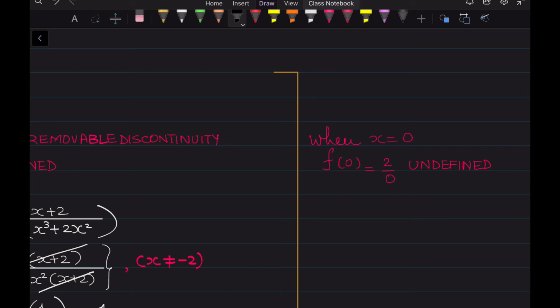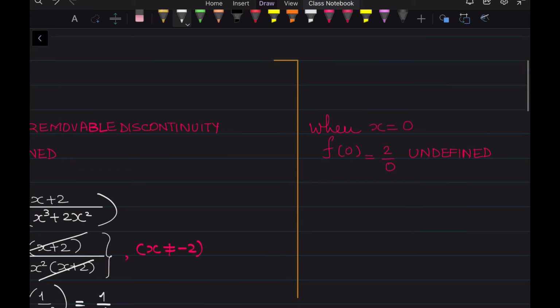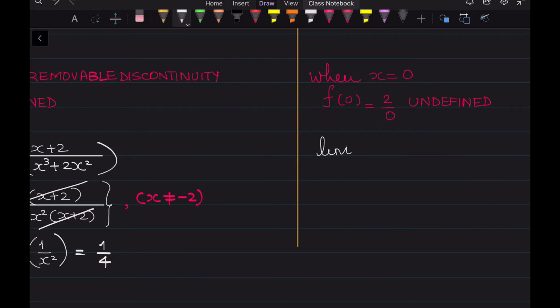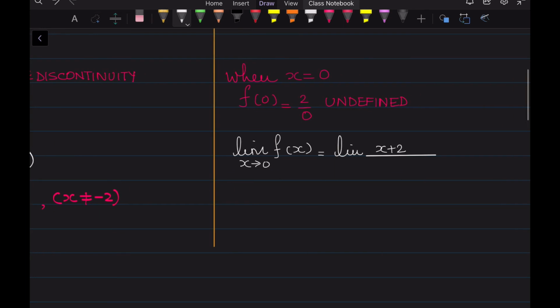We have to check the limit of this function as x approaches 0. So let's do that. The limit of this function as x approaches 0 can be written as the limit of x plus 2 over x cubed plus 2x squared as x approaches 0.